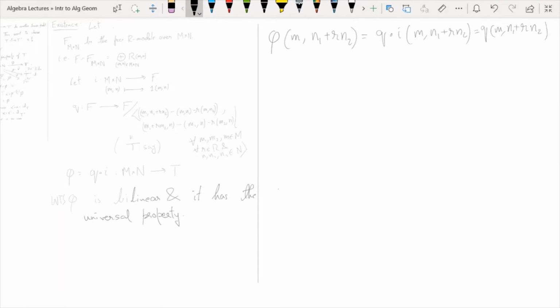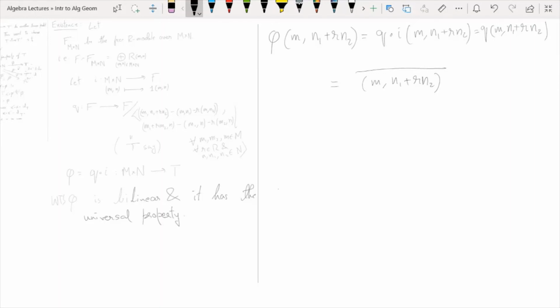And what is that? Maybe you just look at the image of this. I would have used the quotient notation, but maybe I'll just use bar: m comma n1 plus r n2 bar.